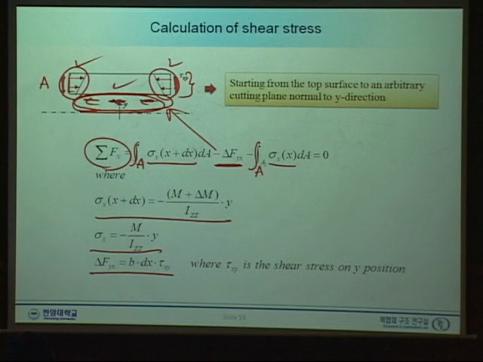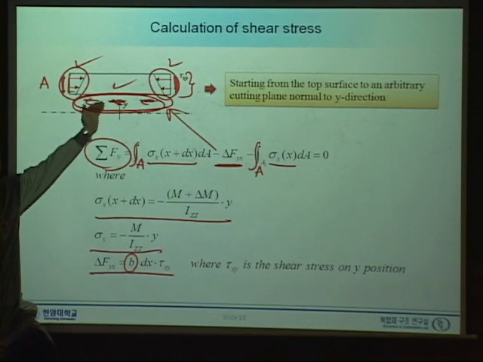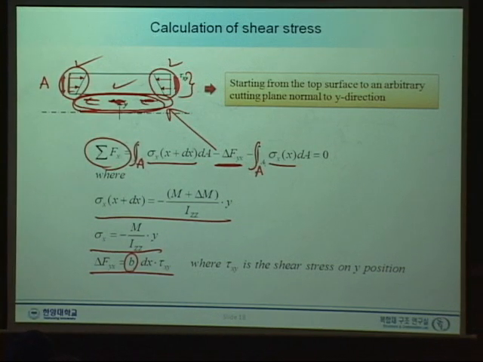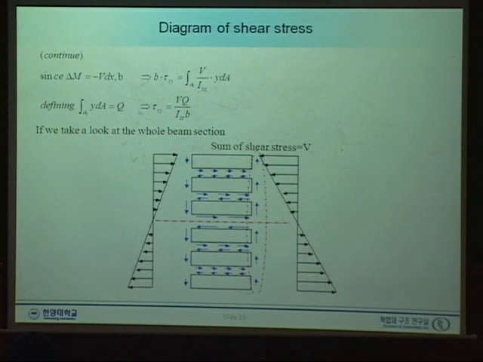And this one, the incremental x-directional force at the bottom surface, is given as, what is the B here? B is the width of this beam in this direction, and dx is the length, and sigma xy, which we want to derive. Okay? So we sum them up, and they need to be all 0.